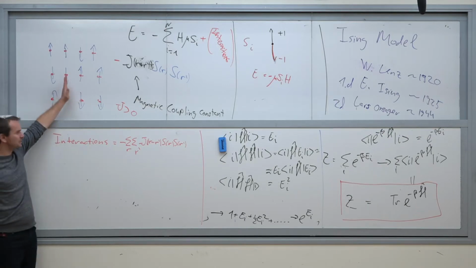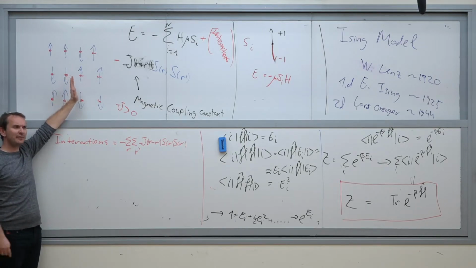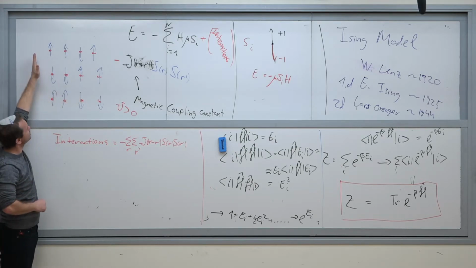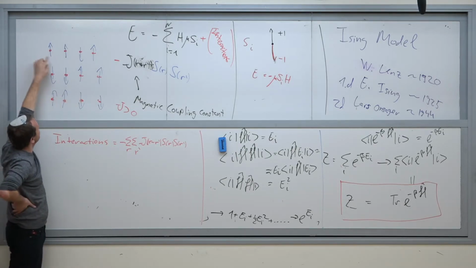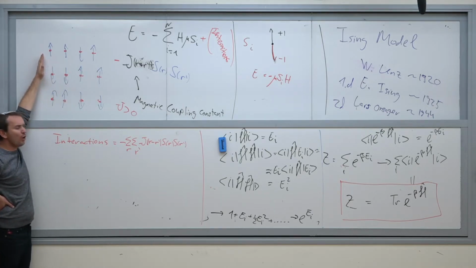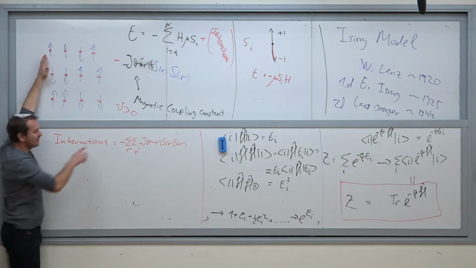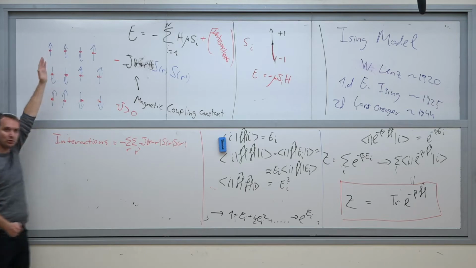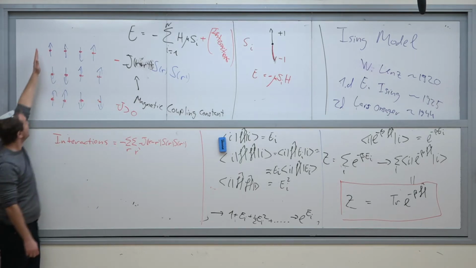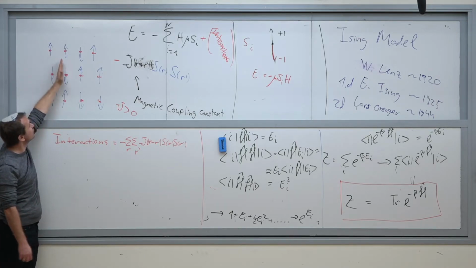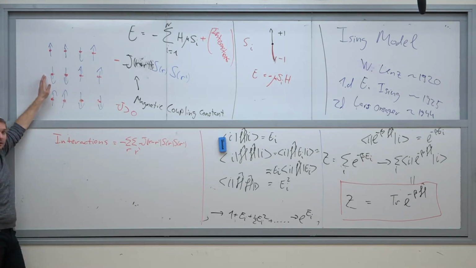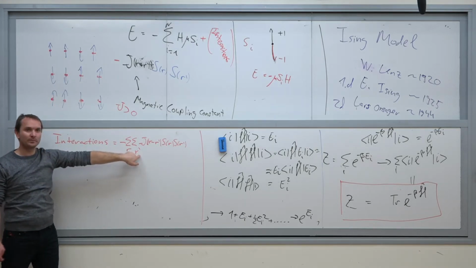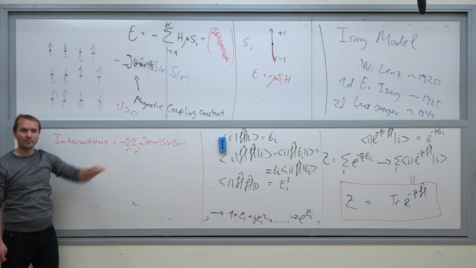I take one spin, and I'm asking, what is the effect of this spin on everybody else? I'm taking S1, I'm looking at the effect on S2, S3, S4, S5, S6. I'm going over all different positions of the other spins. This is the summation over r prime for a specific r. But now I should also take into account not to start only from here, but to start from everybody else. By doing this double summation, I'm overcounting.